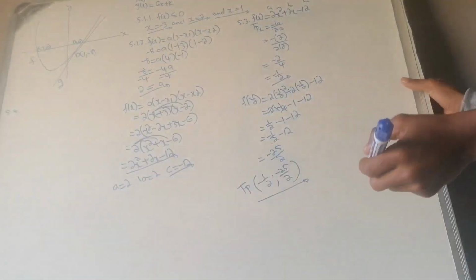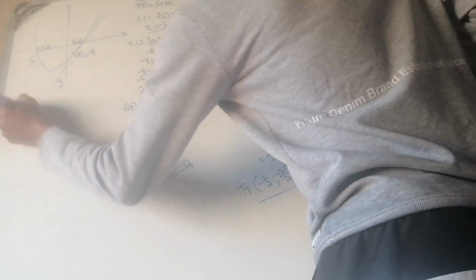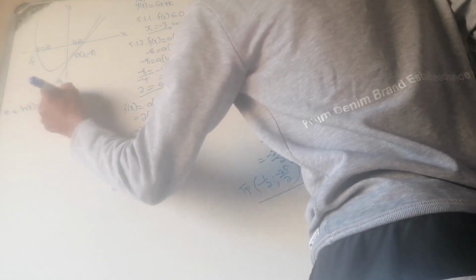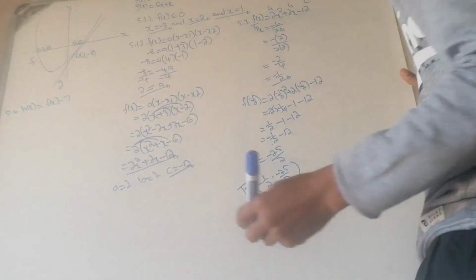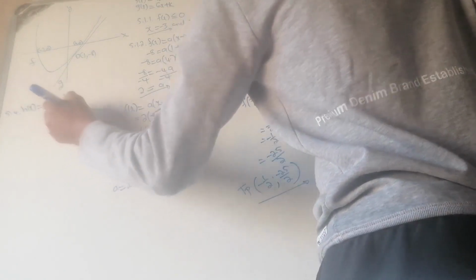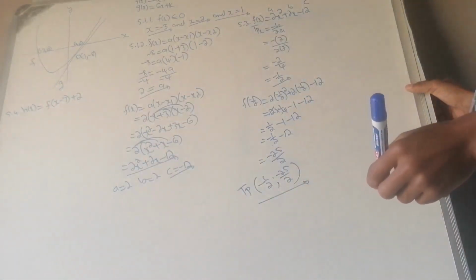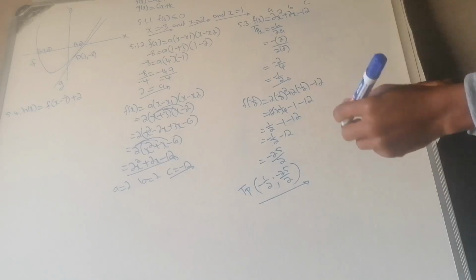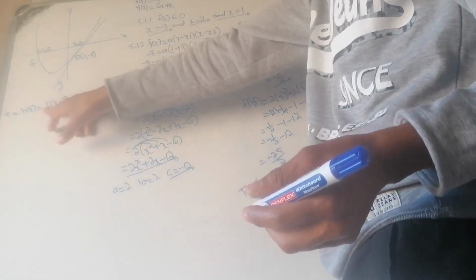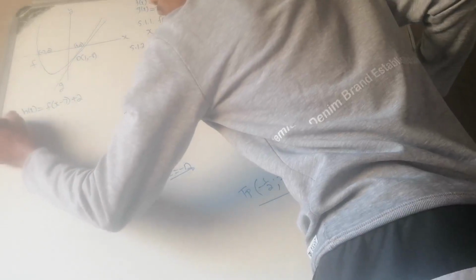Here h at x equals f of (x minus 7) plus 2.